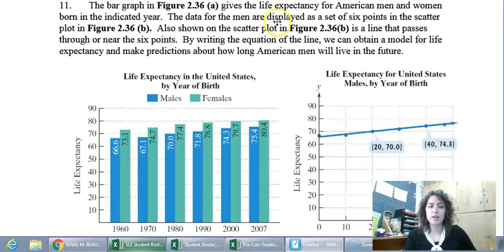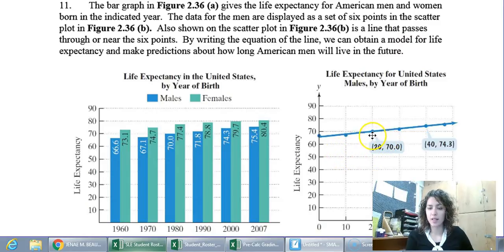The data for the men are displayed as a set of 6 points in this scatter plot. So over here, notice it's a scatter plot because this data has been plotted raw, and it's not necessarily linear. That's why it's a scatter plot, and the points might not look like they're all on the line. Also shown on the scatter plot in this figure is a line that passes through or near the 6 points.